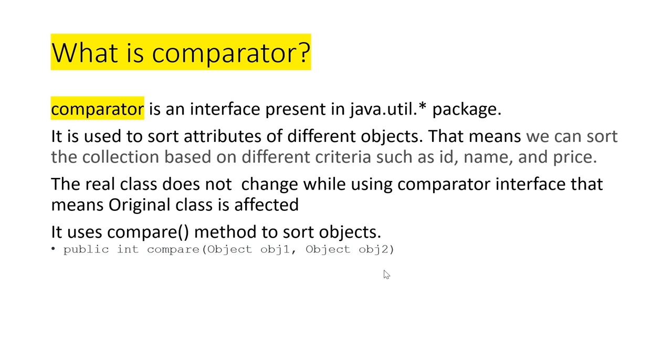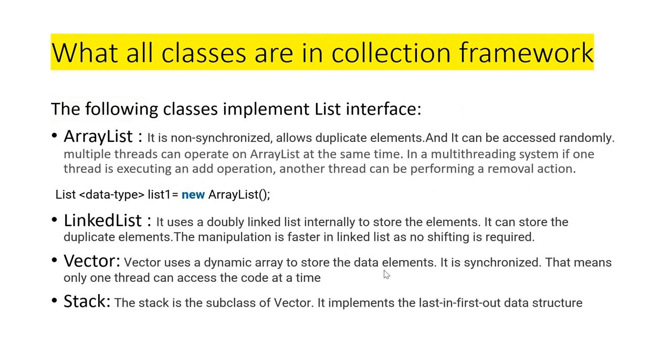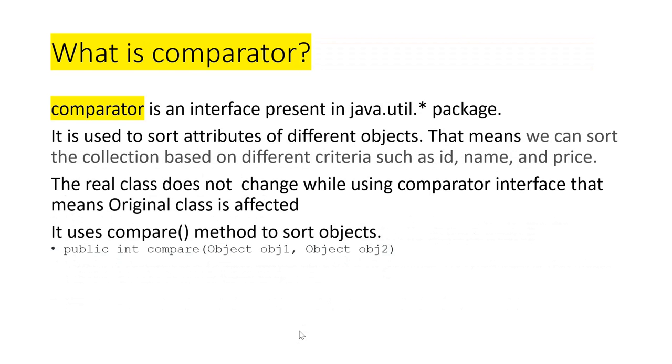It can sort collections based on different criteria like id, name, price, experience, age, etc. Using Comparator, the real class does not get affected, unlike Comparable. It provides a method called compare that accepts two objects, object 1 and object 2, so we can sort two objects in it. Okay, let's see an example of Comparator also.